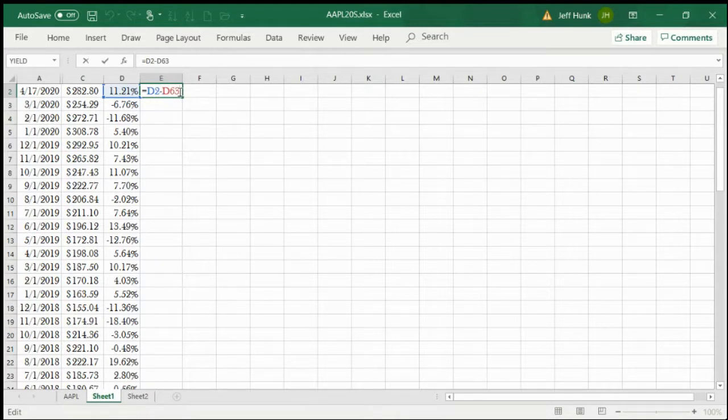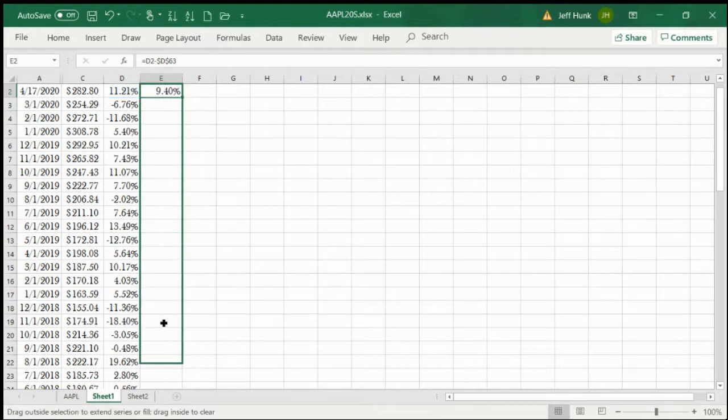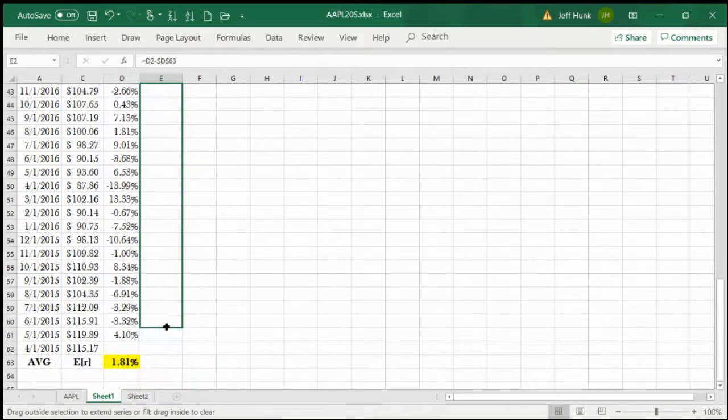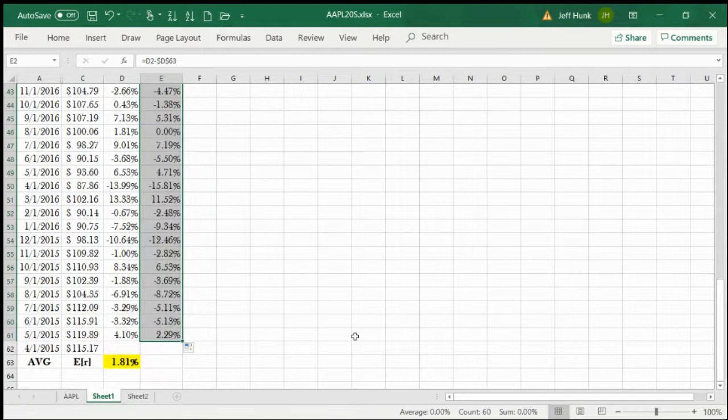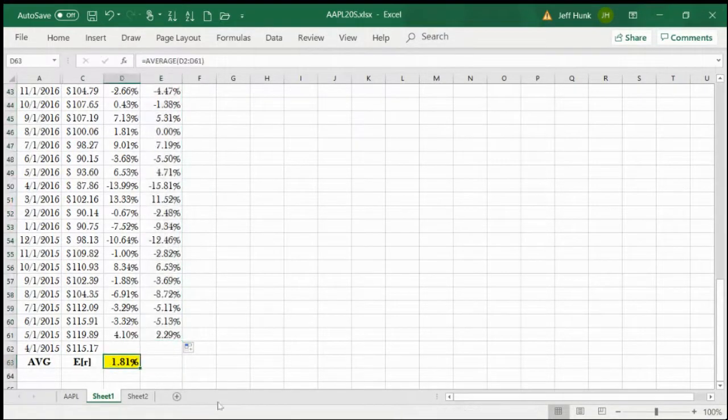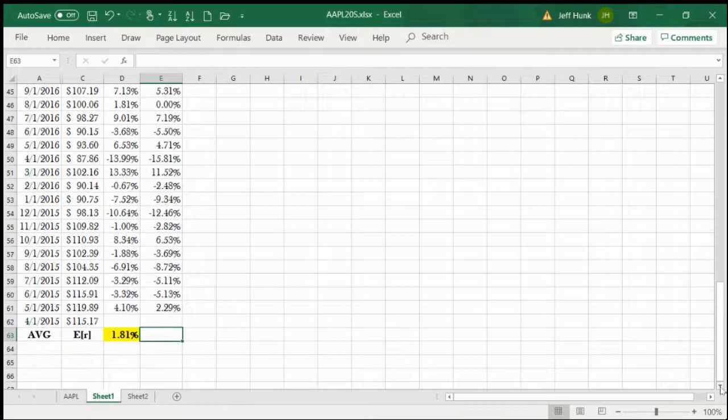D63 is the average, so you want to keep it locked. So you hit F4, and then the average will be locked, right? D63 will be locked. So when you drag it down, it's not going to change. It will always be, okay.